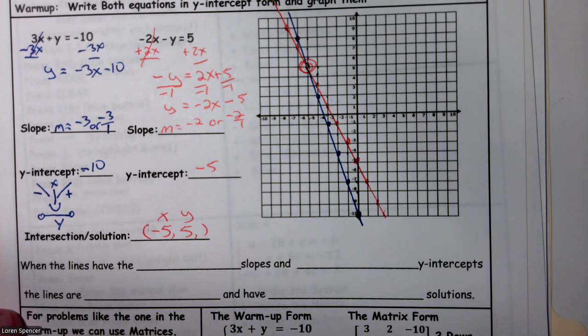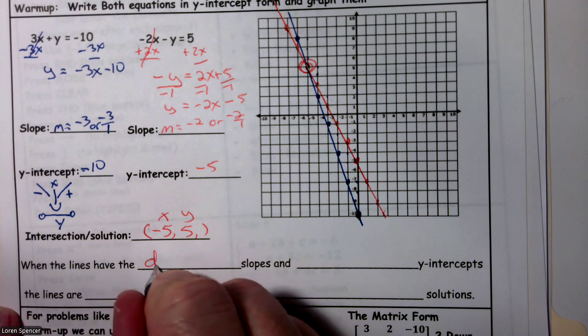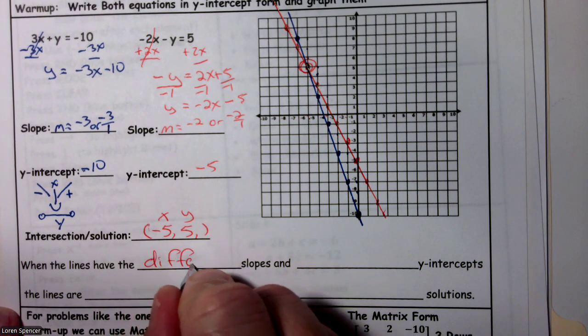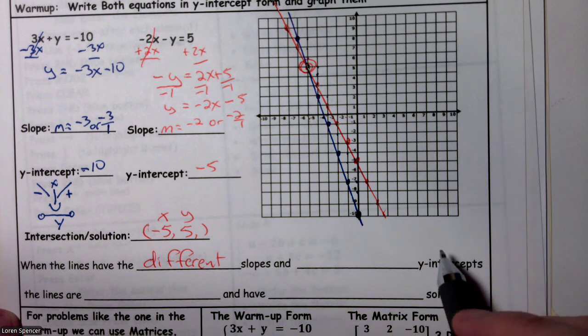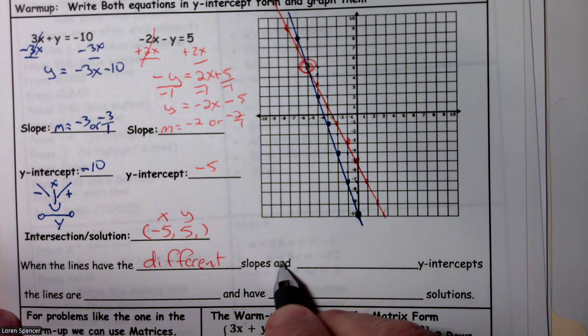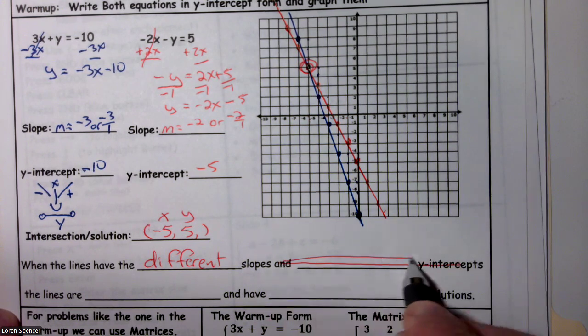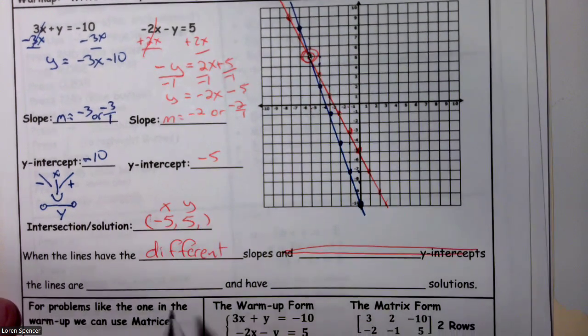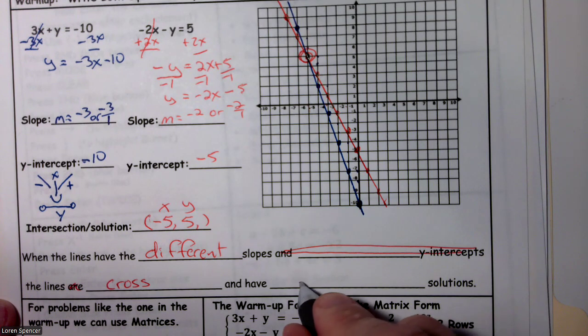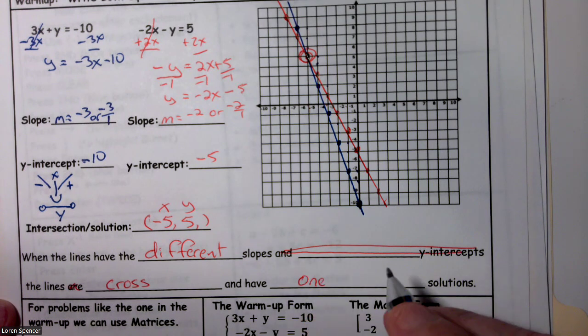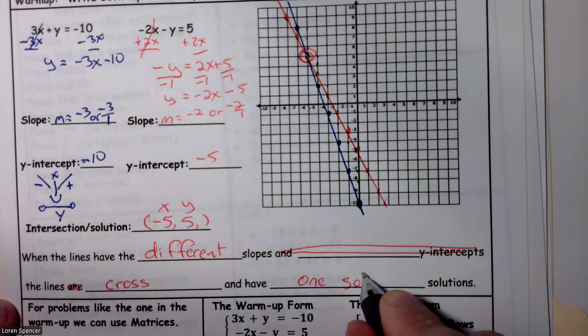So when the lines have different slopes, actually all I really need to say is different slopes, we don't even have to have this. As long as they have different slopes, the lines cross and have one solution.